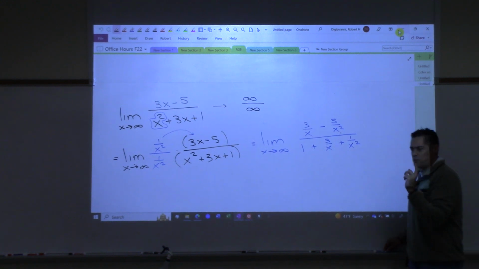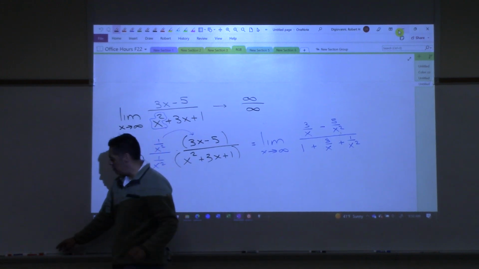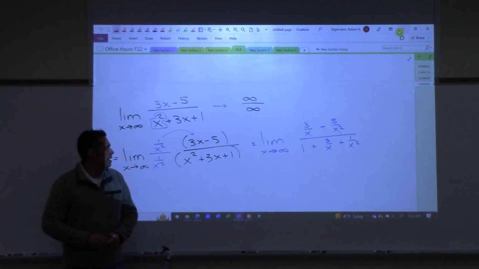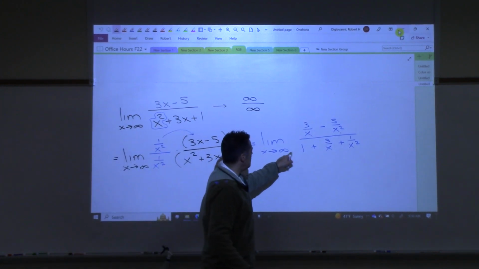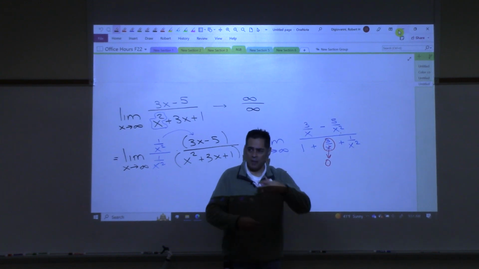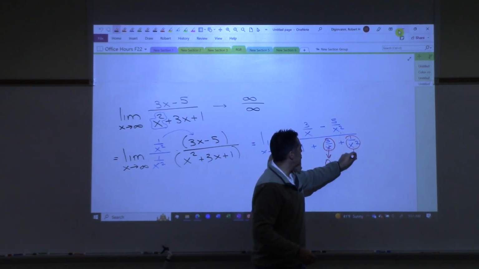Now, because we were careful about how we chose this, I promise you that on the denominator, you're going to just get a number. And let's see it. As we let x go to infinity, that goes to 0. Everyone clear on why that goes to 0? Fixed over infinity goes to 0. Here, fixed over infinity squared goes to 0.